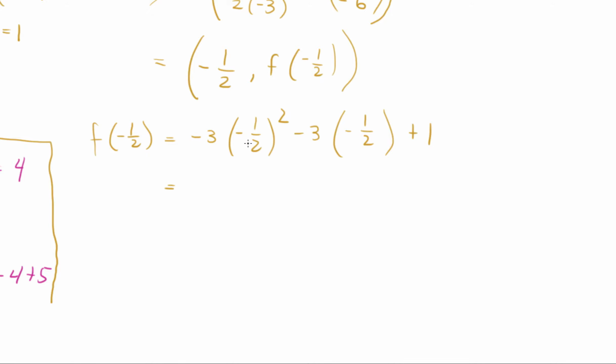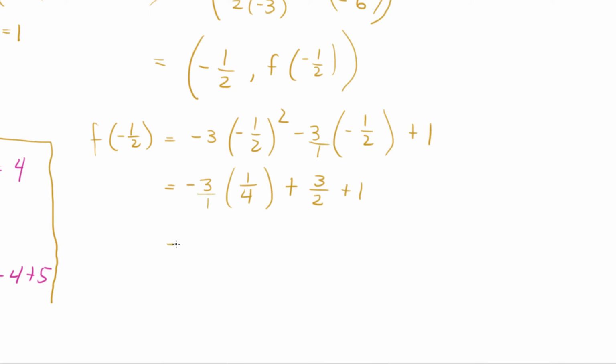Remember, what's -1/2 squared? It's -1/2 times -1/2. That gives me positive 1 over 4. Negative times negative is plus. 3 over 1 times 1 over 2 is 3 over 2.